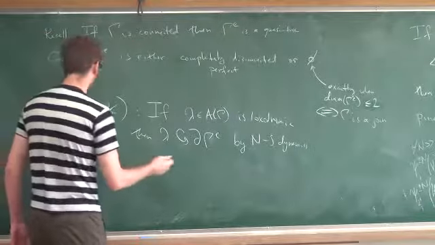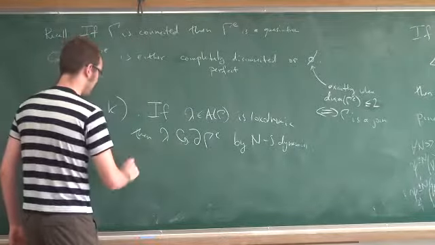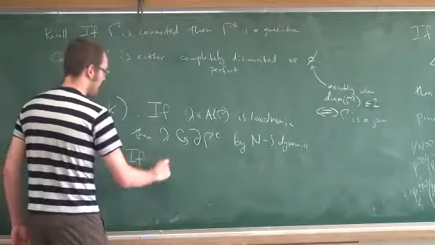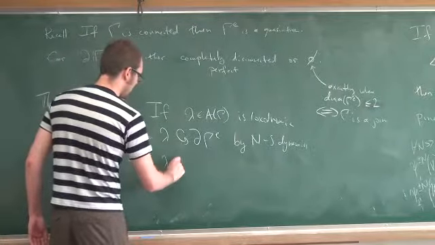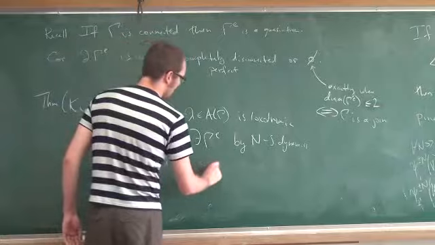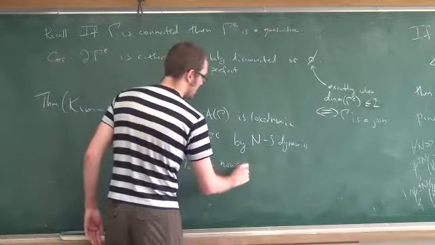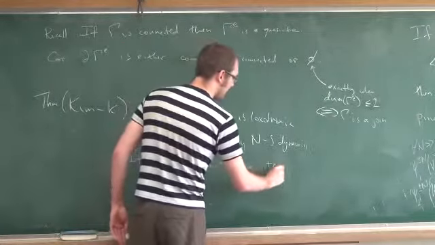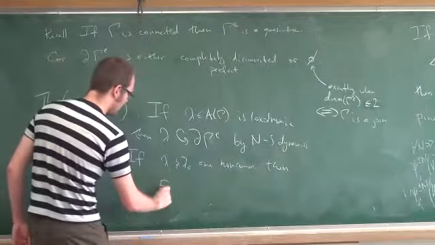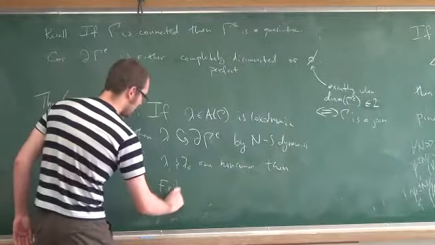And we have the non-commensurability fact. So if lambda 1 and lambda 2 are non-commensurable, then fix lambda 1.